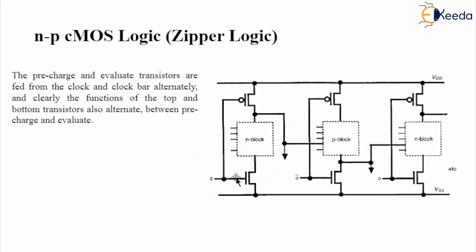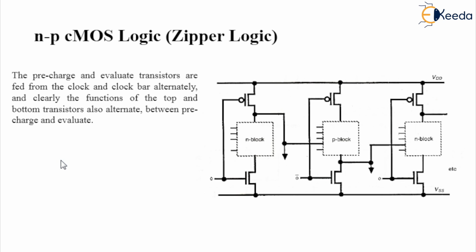This is also called zipper logic, where we connect the blocks of MOS transistors alternatively, N block followed by P block, P block followed by N block itself.